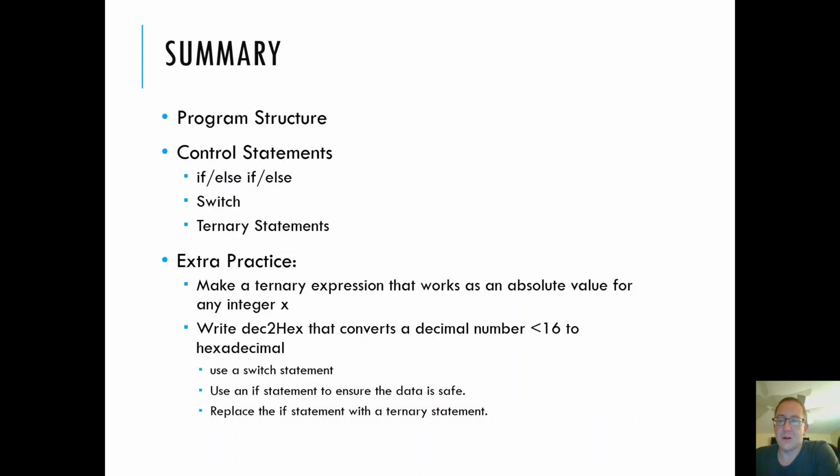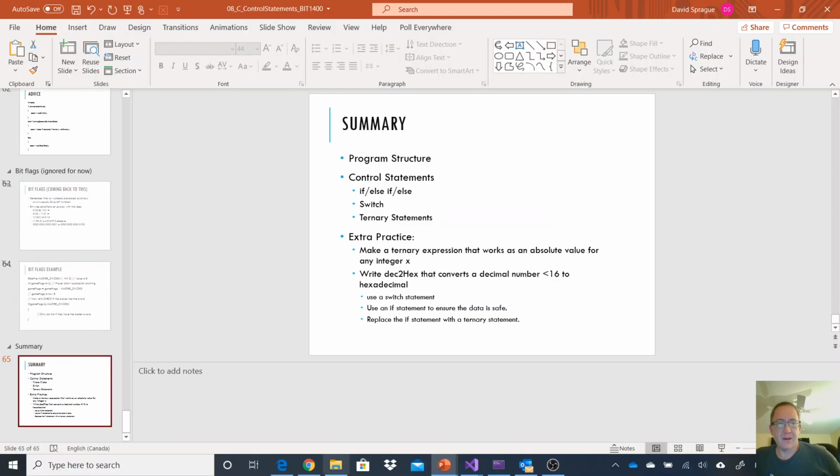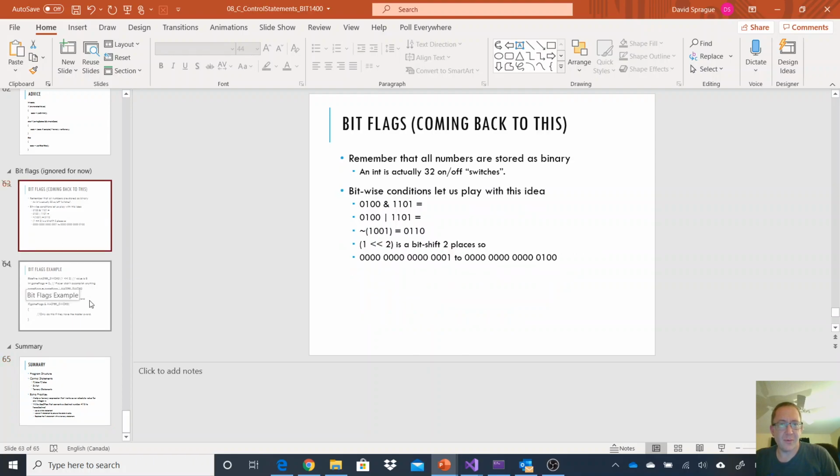Okay, so try that out, and I'm going to see if I have the bitwise operators. No, I do not. Okay, so I've removed the bitwise operator stuff. Let me come back to this a bit later, but you can have a look at this if you're looking at the slides, because I think it confuses a lot of people, but I want you to get exposure to what's happening.